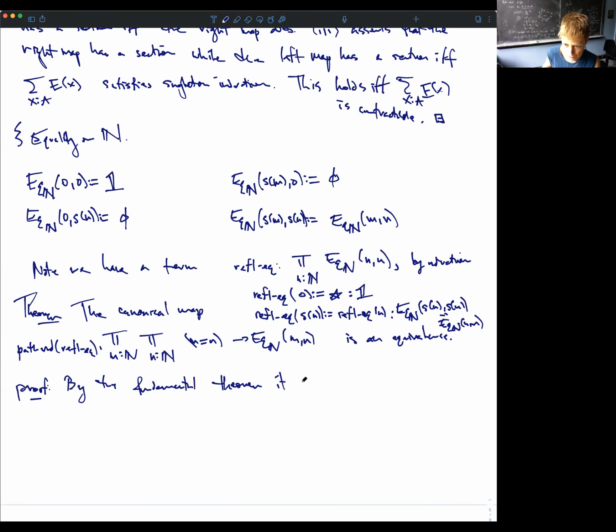it suffices to show, for all m in N, that if I take the total space of now the one-sided family where I'm fixing the first term to be m, so for all n in N, EQ m n is contractible.